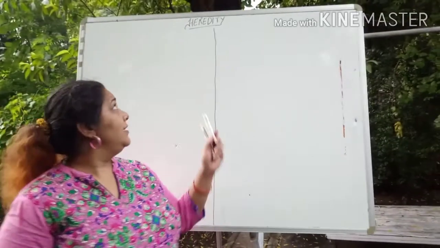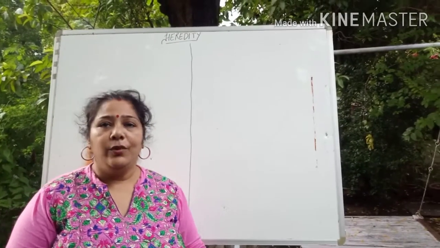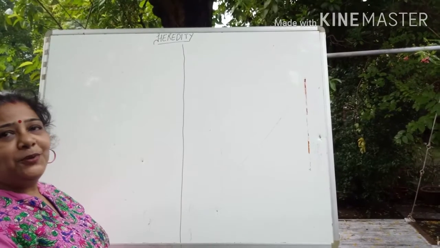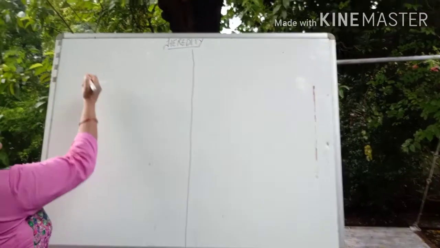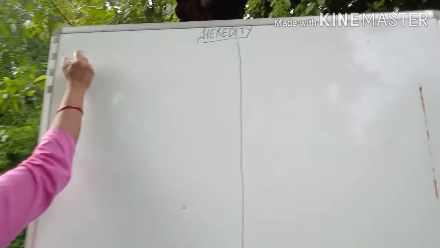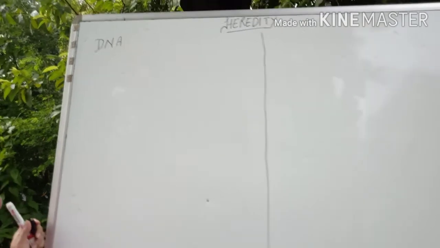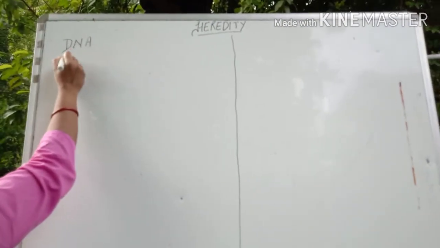So now under the chapter heredity, a few things we have discussed already, and the next we are going to discuss again DNA, its structure and replication, a basic thing I have explained to you in my last video.